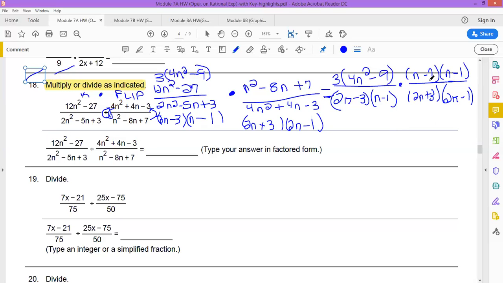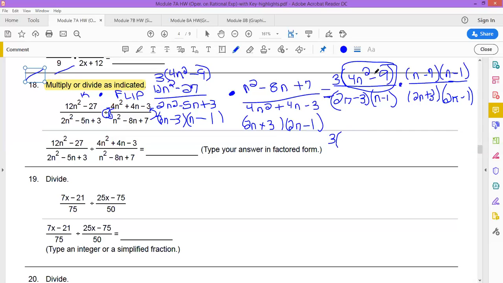All right, now let's see what we have here. Are there any terms that we can cancel? But before we begin trying to cancel, notice in the numerator of the first fraction, you have a difference of perfect squares. So we can actually factor this 4n squared minus 9 a little bit more. Let's keep the 3 on the outside.